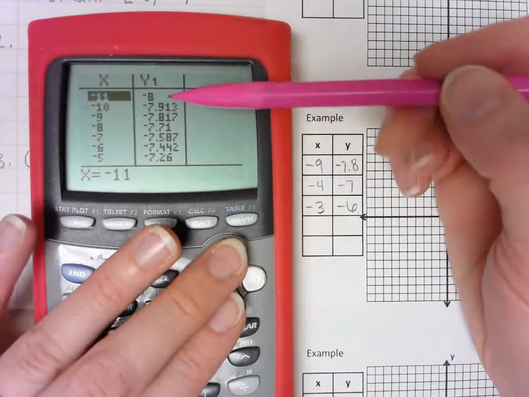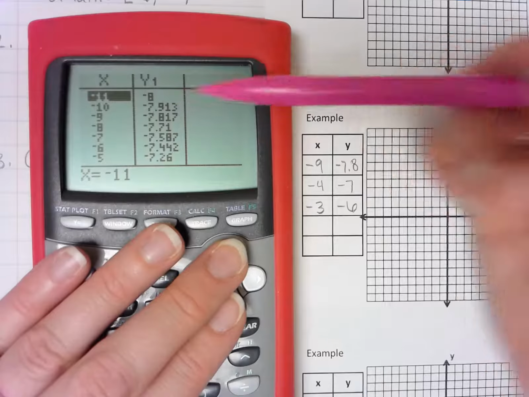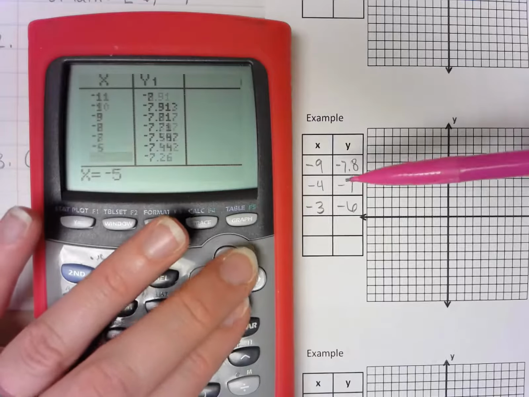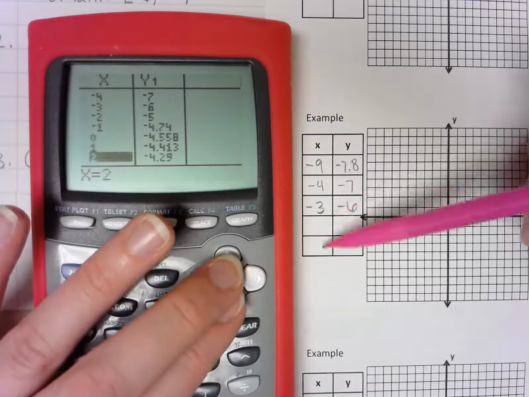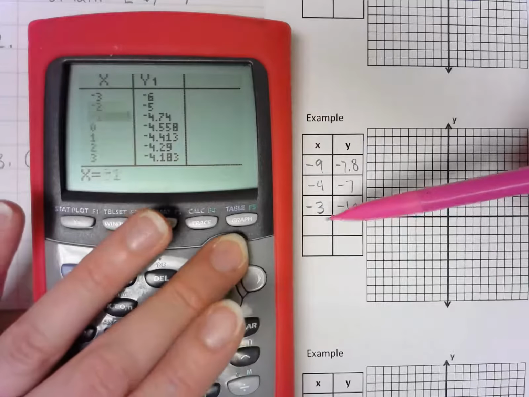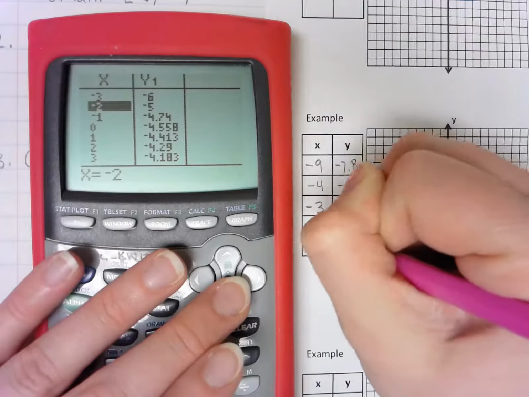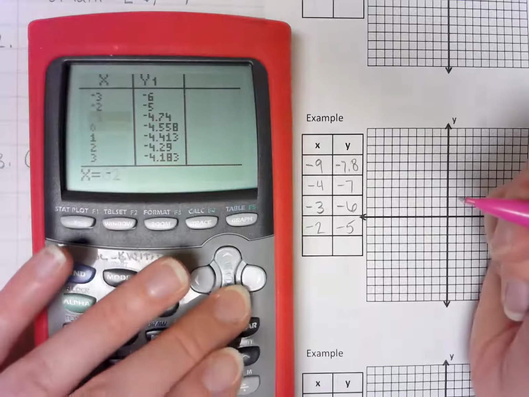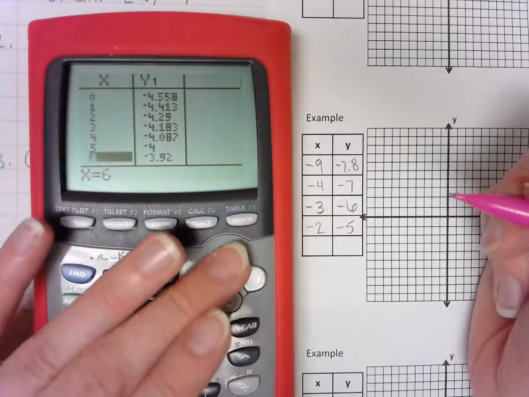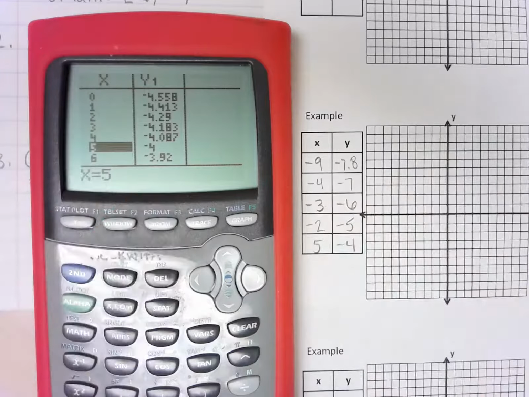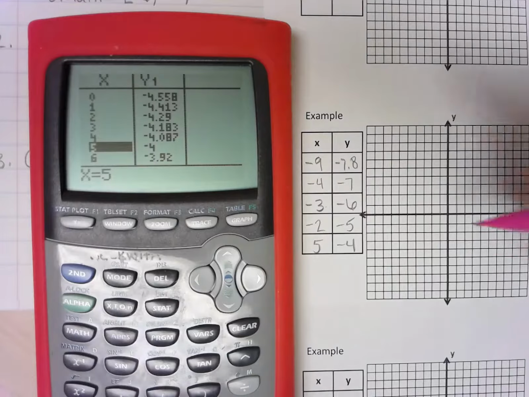Notice -11, -8 would have been a nice point to graph, but it wouldn't have fit on your graph. So go on down the other direction and pick two numbers larger than your x. So we're here at -3, so let's pick the -2, -5. And scroll on down and get some other points. Let's see if we can get, yeah, we've got the 5, -4. That will fit nicely. So let's graph these points.